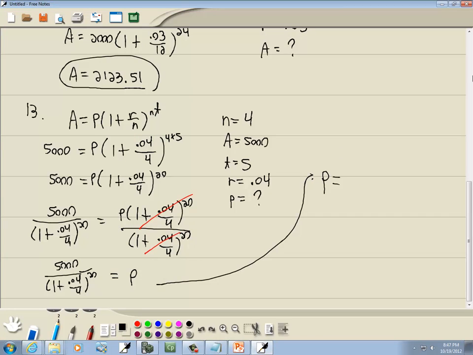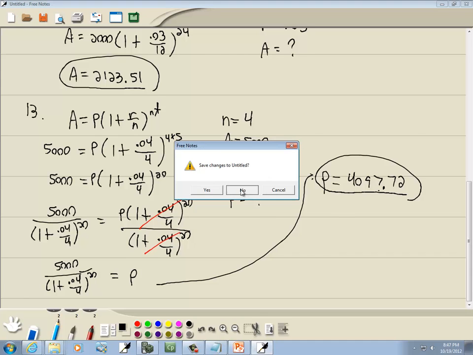And we got 4,097.72, taking it to 2 decimal places. And that's our answer. Let me start a new page, and we'll look at the next problem.